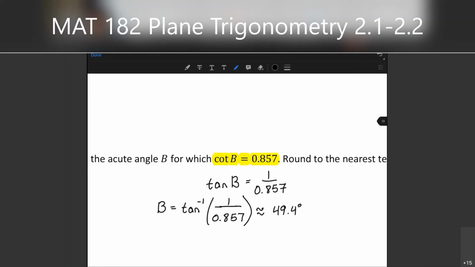That is looking good. So watch out for those reciprocal functions. We have to have kind of an extra step in there to convert to our reciprocal ratio and then use our inverse function.